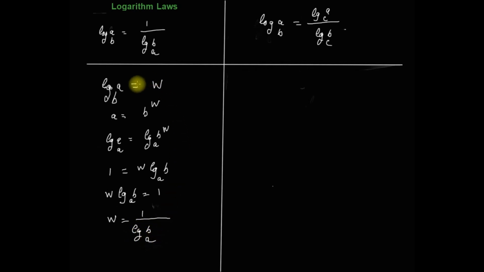But w from above is log base b of a. So if I substitute, I'll get log base b of a is equal to 1 over log base a of b, which is what we were trying to prove.